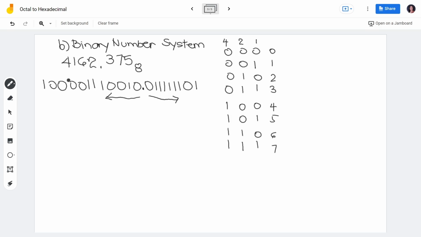So let's group it by 4. 1, 2, 3, 4. And then 1, 2, 3, 4. So this is exact. And then we have 1, 2, 3, 4, and 1, 2, 3, 4. What will happen here?